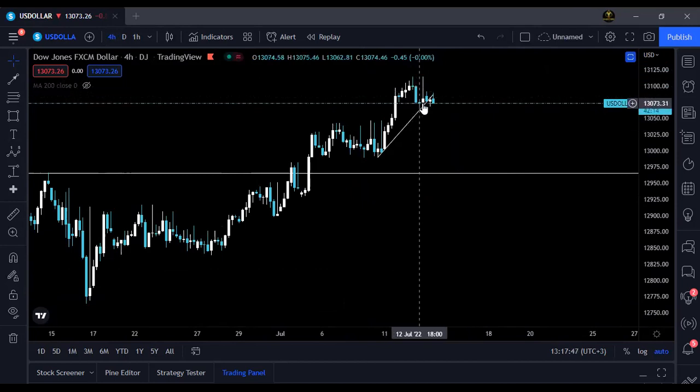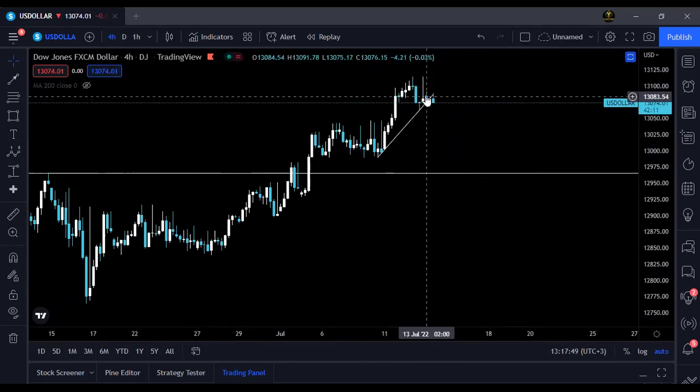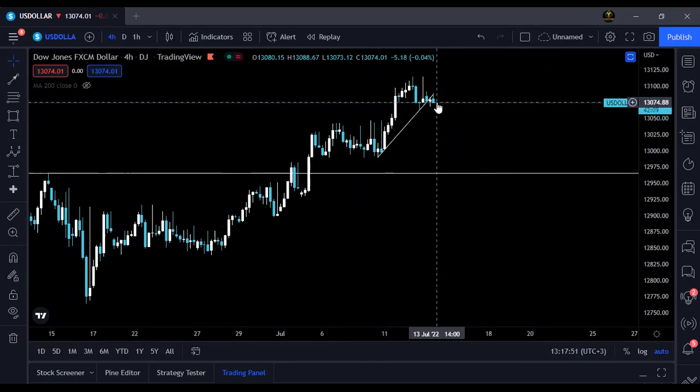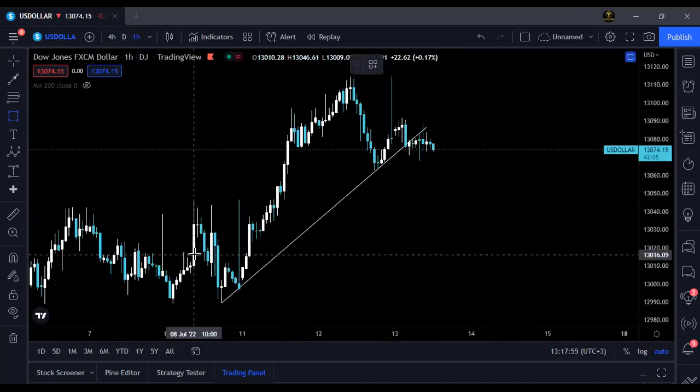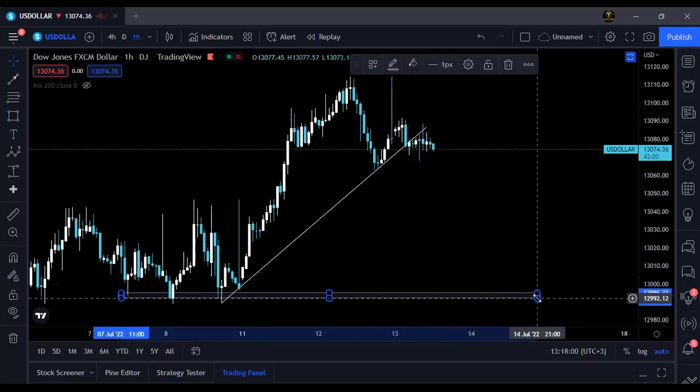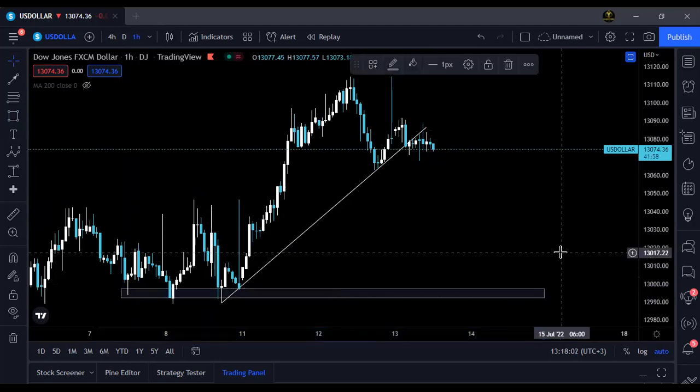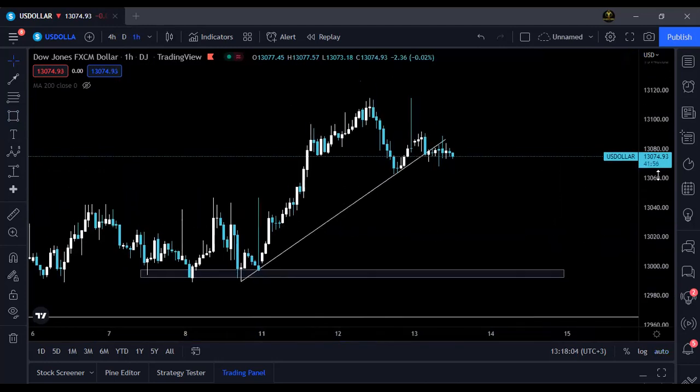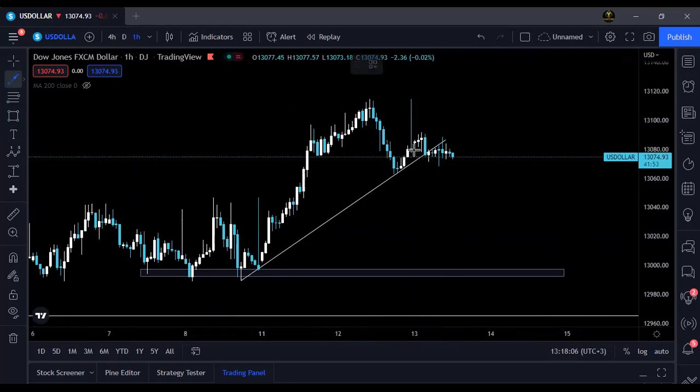You see these massive bearish momentum candles and the bulls being weak. So I'm anticipating prices to push until they reach somewhere here, for starters. That's what I anticipate to happen on the US dollar.